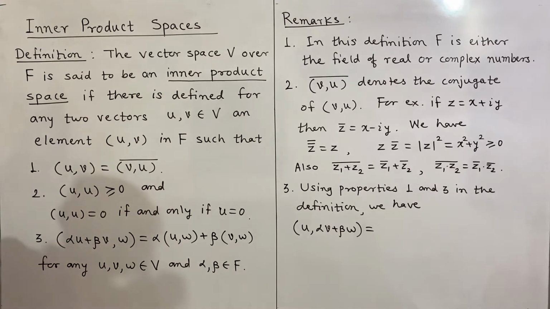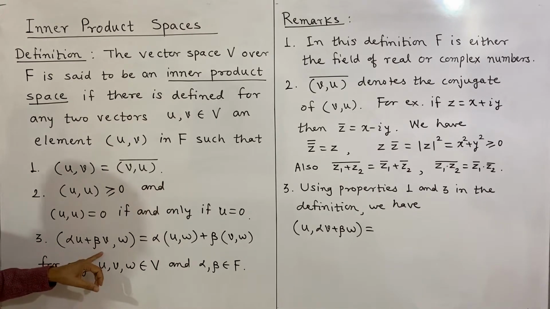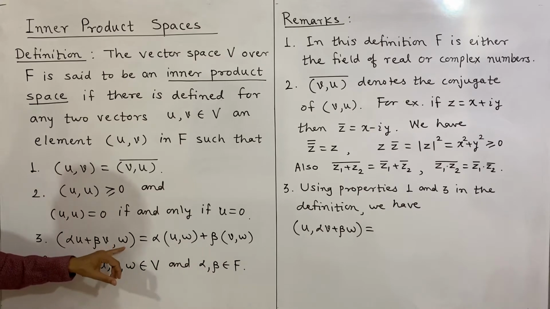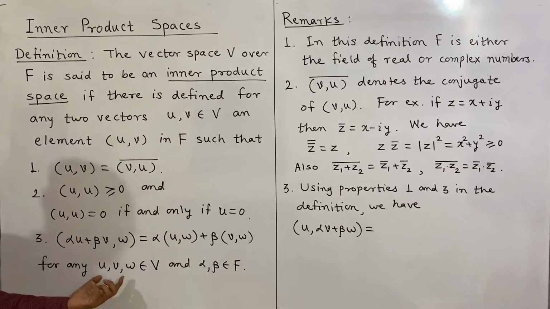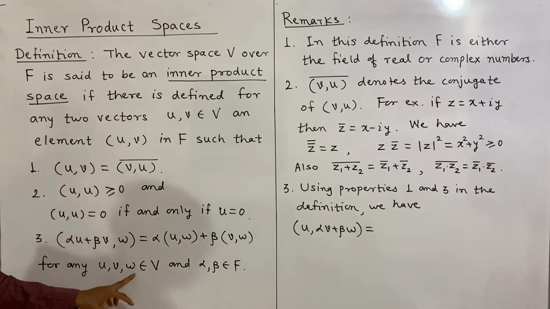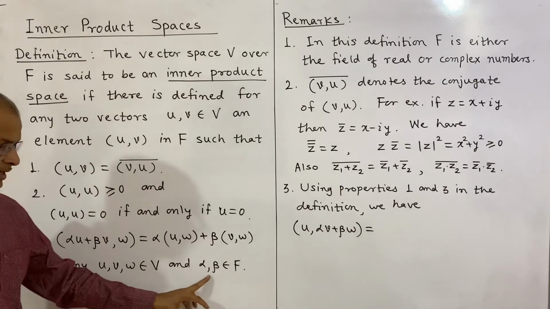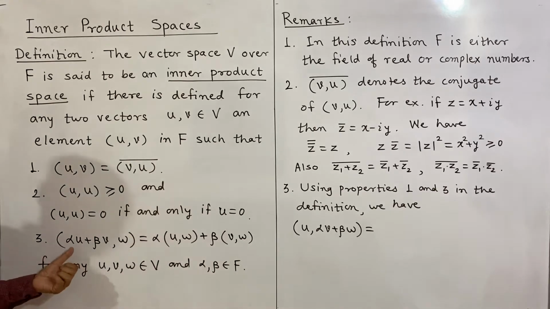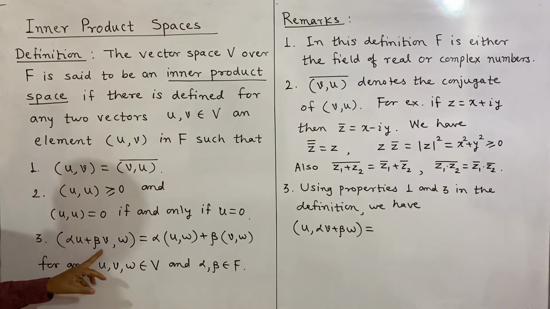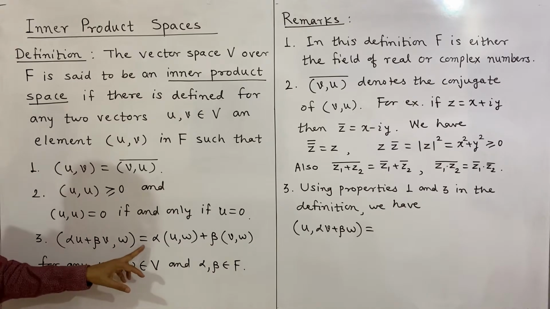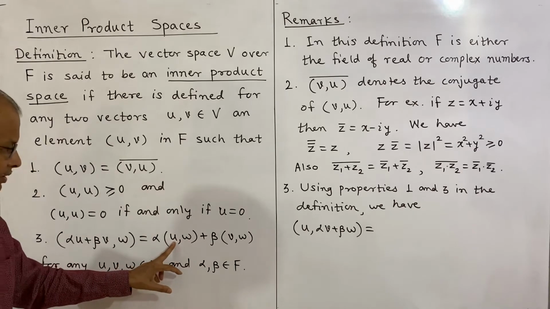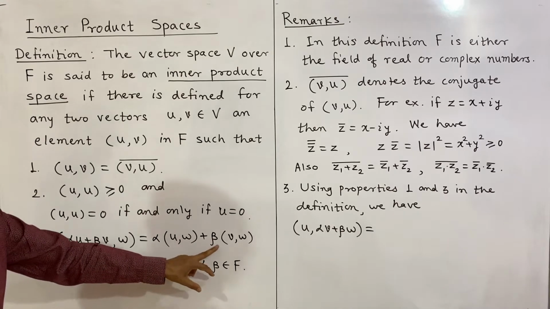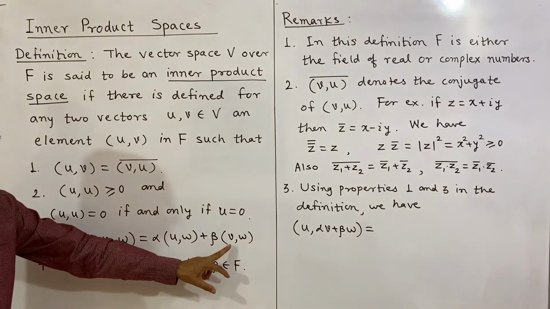Here the inner product of alpha u plus beta v, u and v are vectors, we consider another w is also a vector. These are three vectors u, v, w in V, and alpha, beta are scalars that are in field, and then the inner product of this combination of u and v, alpha u plus beta v and w is equal to alpha into inner product of u and w plus beta into inner product of v and w.